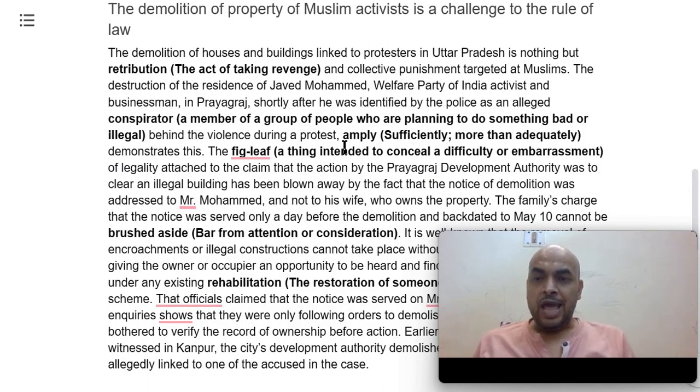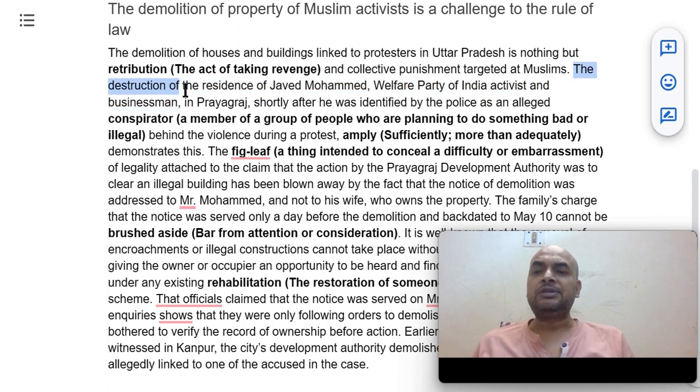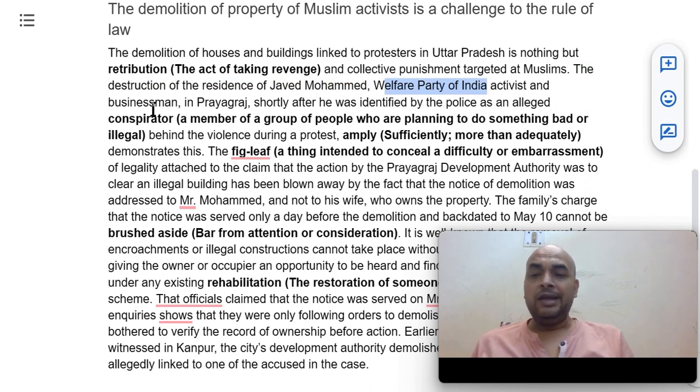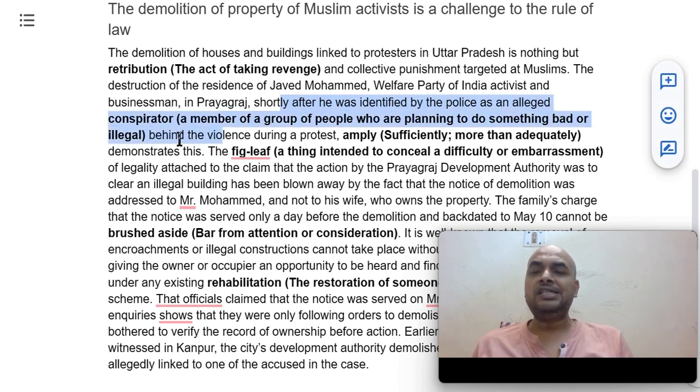So let's read the complete sentence. The description of the residence of Javed Muhammad. Javed Muhammad was somebody, and his house was destructed. He was an activist of Welfare Party of India, and he was also a businessman in Prayagraj. Shortly after he was identified by the police as an alleged conspirator behind the violence during a protest.